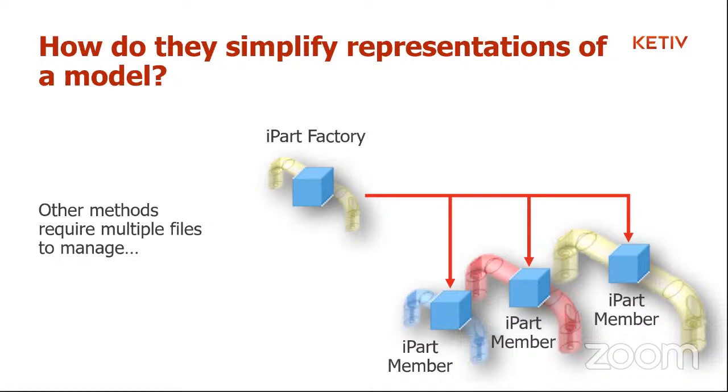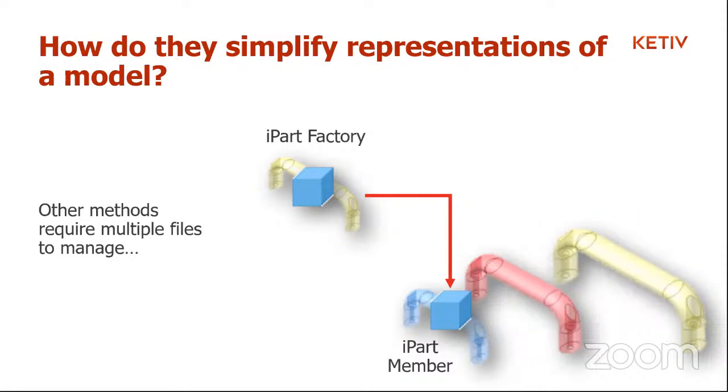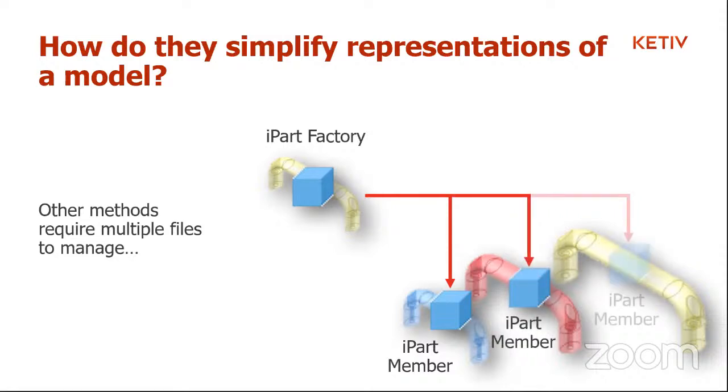And if you ever want to edit those features or add a new member, you're going to have to go back to that iPart factory, make some changes, and possibly republish these parts. All in all, in this case, you're having to manage 4 part files and their links and all of that stuff. So it's a pain to manage.